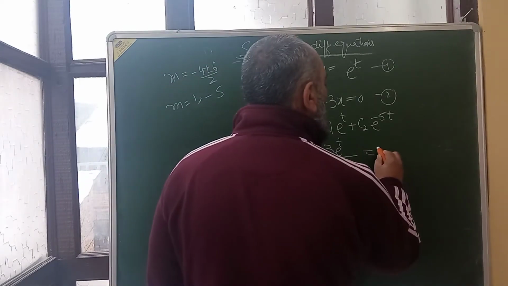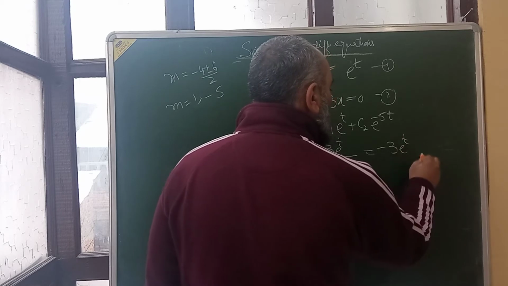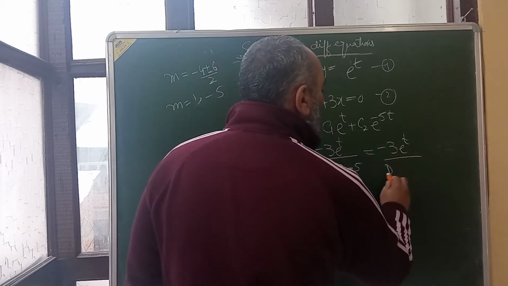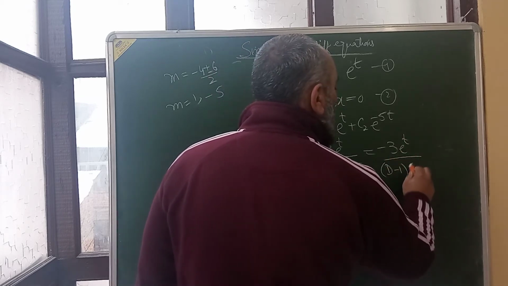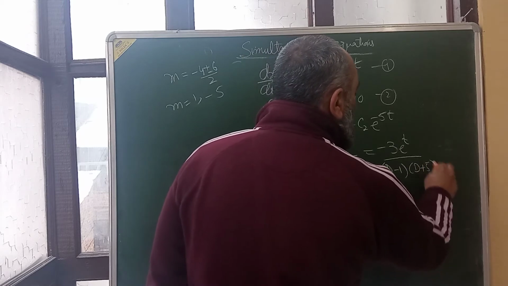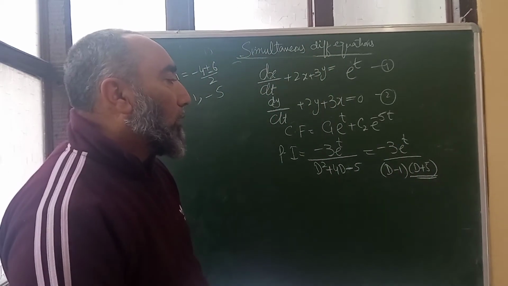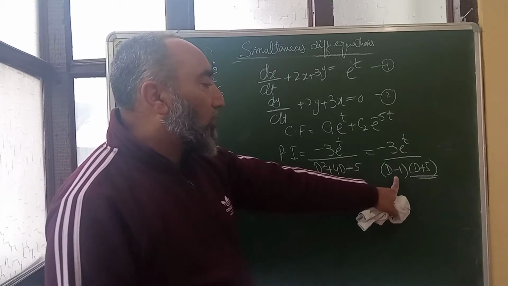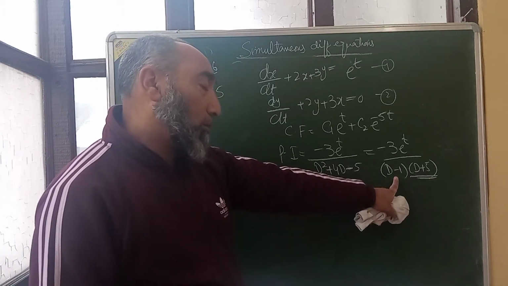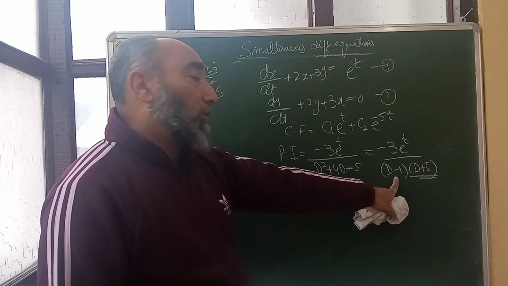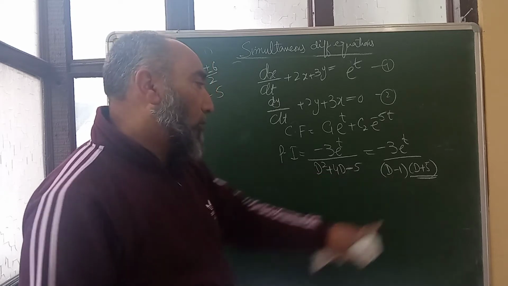So this has two factors, d minus 1 and d plus 5. Now d plus 5 is the factor which doesn't vanish, so I will use the formula for this function. And d minus 1 is the factor which vanishes, so I will use some other formula.